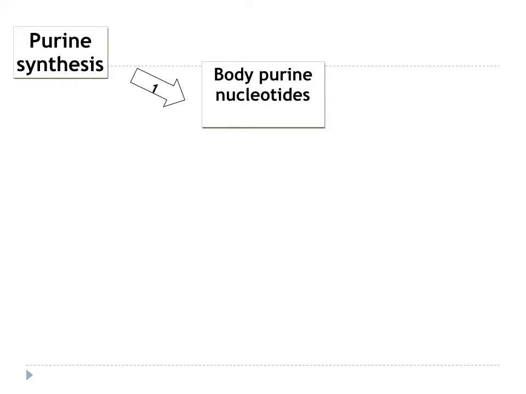Where do they come from? They come either from synthesis of purines, de novo or salvage. Also we have dietary purines, which are present in all types of meat. Like any tissue, all cells, whether animal cells or others, contain nucleic acids, mainly meat.